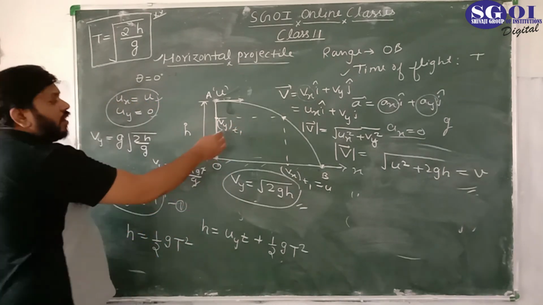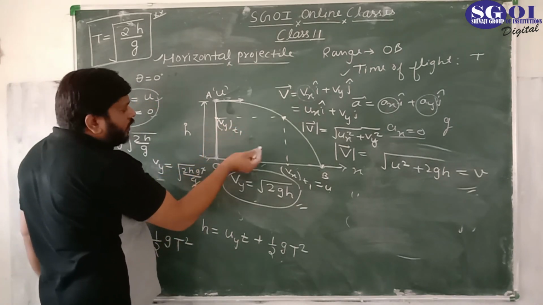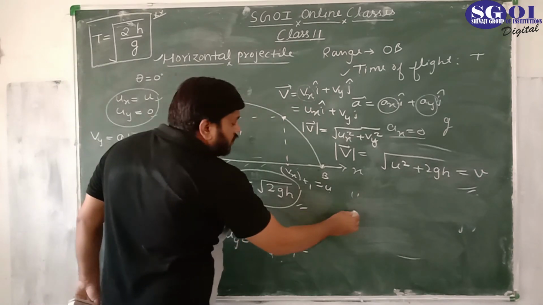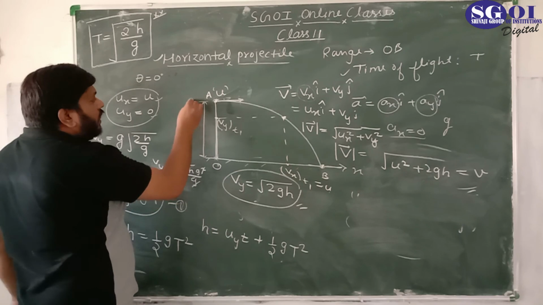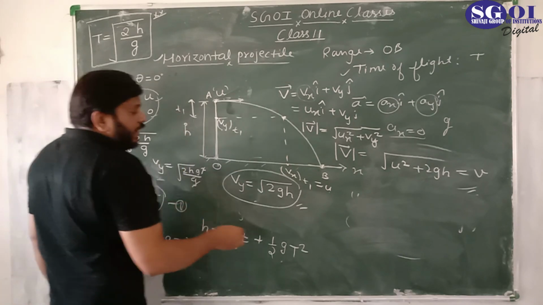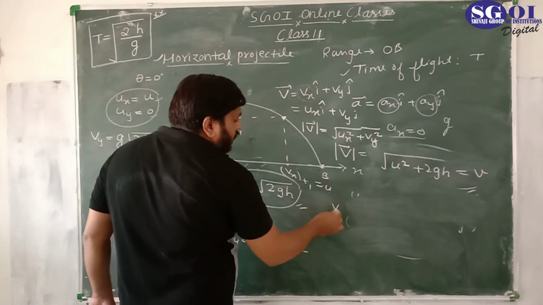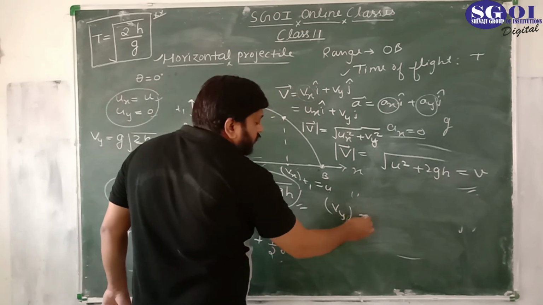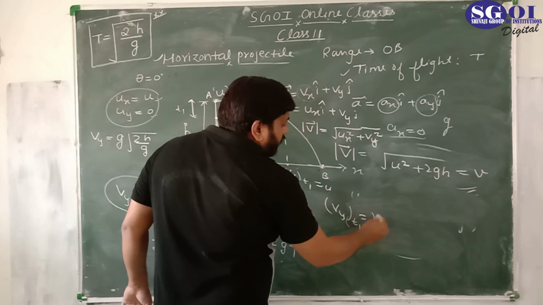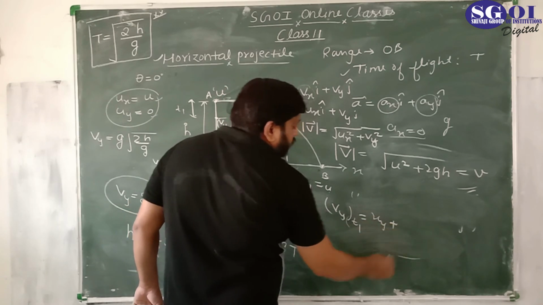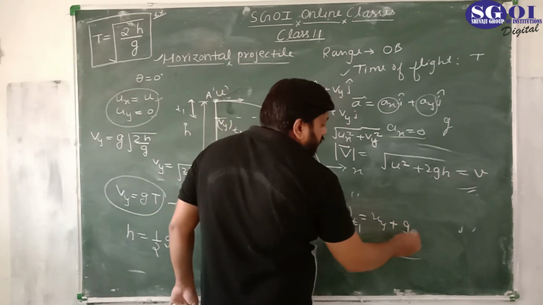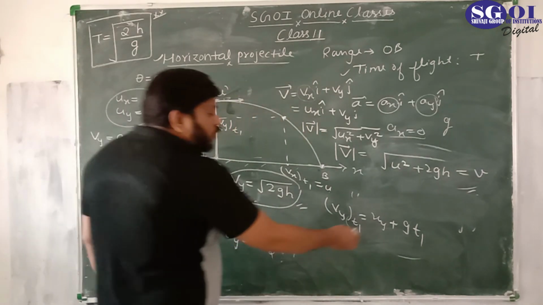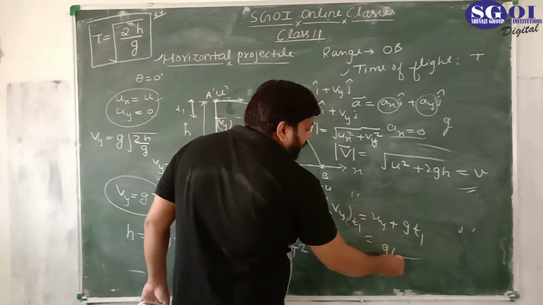And vy at t1, how would you find this quantity? From here you know that the velocity is 0, and from here to here the time is t1. And you could use this formula vy at t1 equal to uy plus g t1, v equal to u plus gt, and uy is 0, so it is simply gt1.